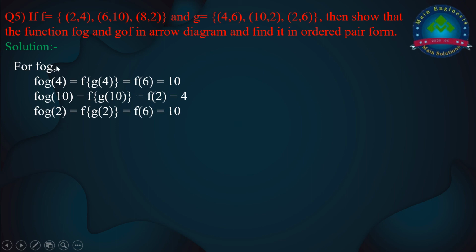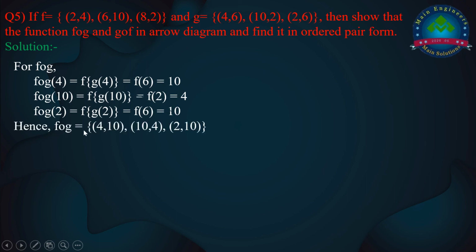So these are the inputs 4, 10 and 2, because we have to solve g first and then go for f. So for g, the inputs are 4, 10 and 2 and our outputs become 6, 2, 6.